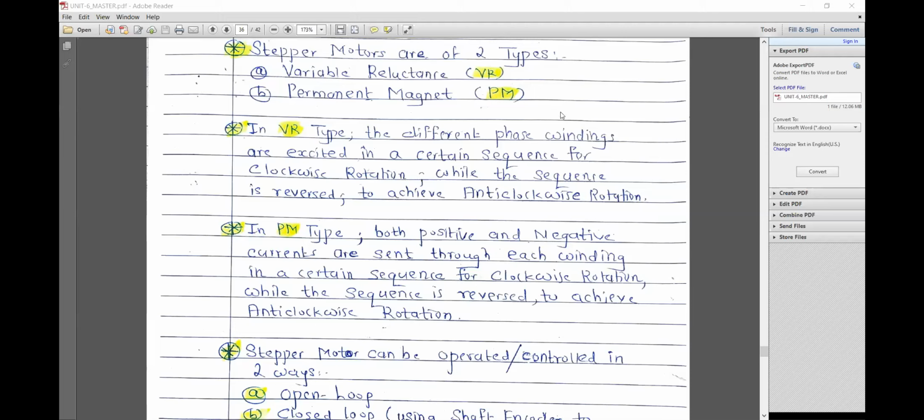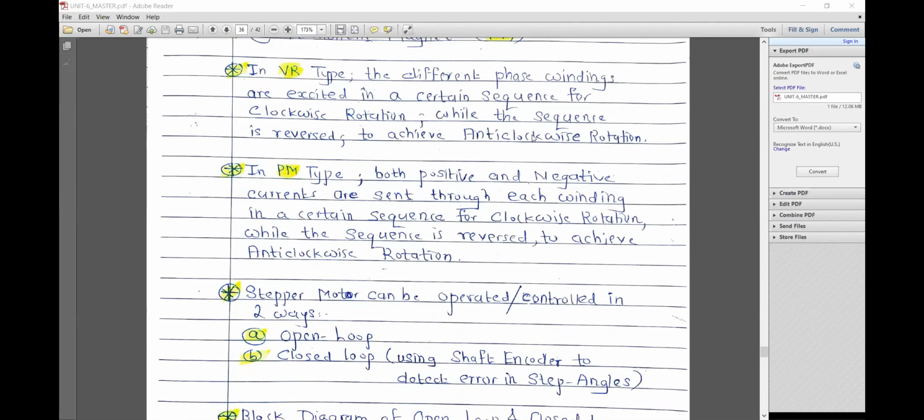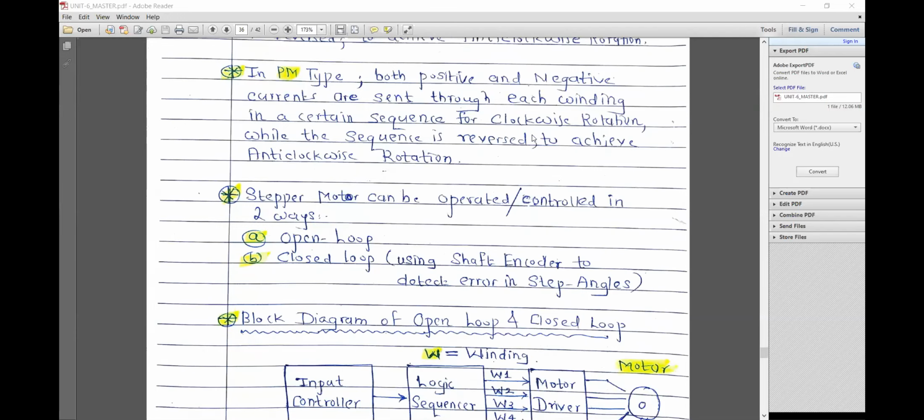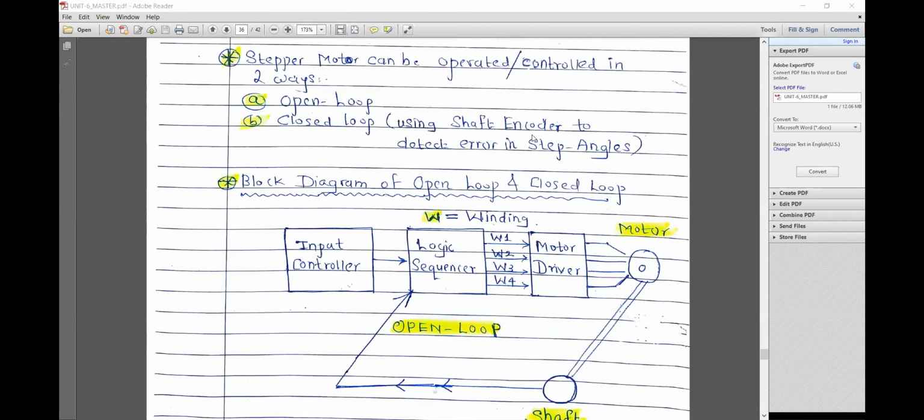So understand one thing, that in variable reluctance type, the sequence is reversed to change the direction of rotation. And in permanent magnet type, the current's polarity is reversed in order to reverse the direction. Is it clear till now? Yes, sir.